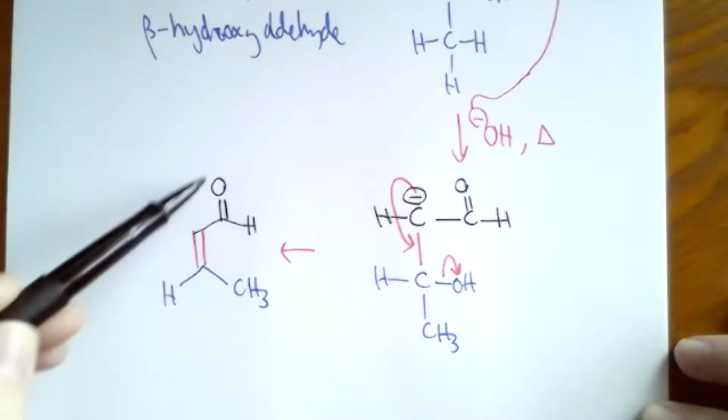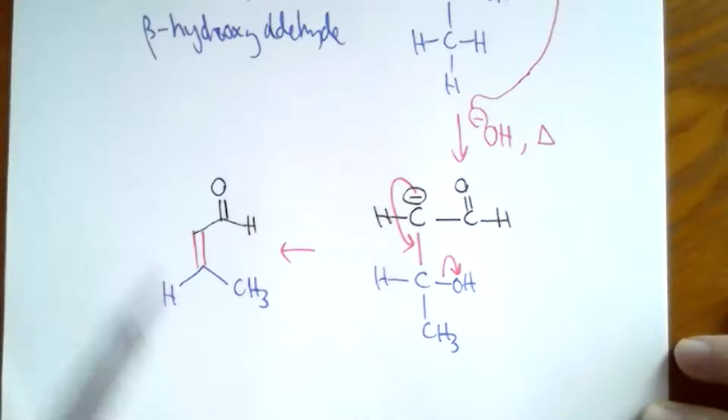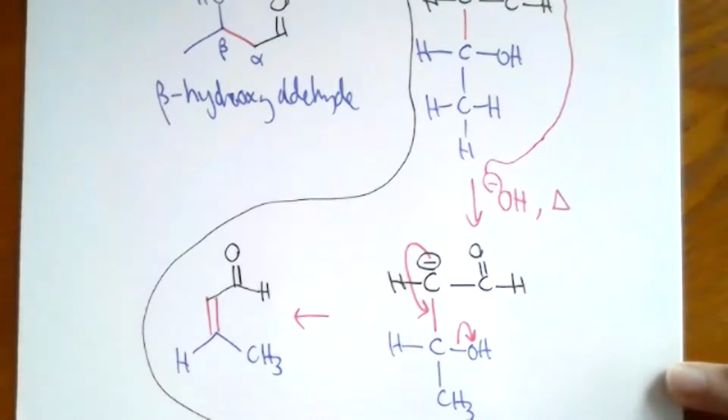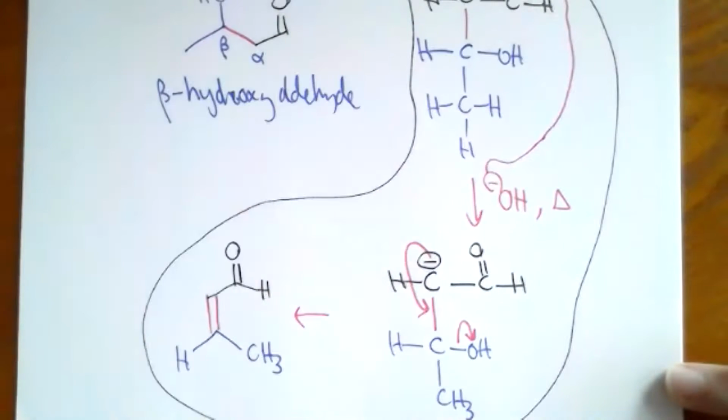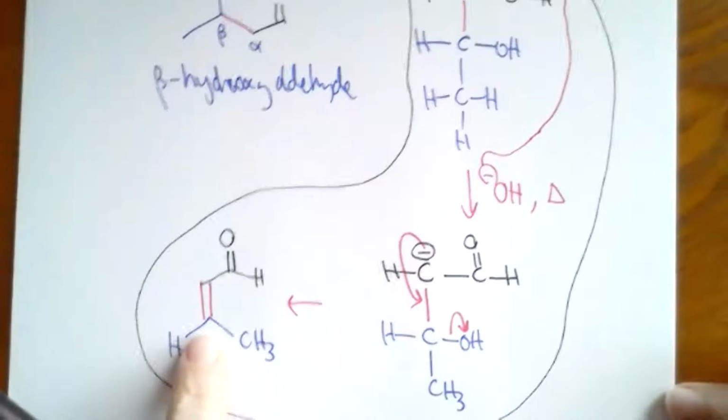So I have my original acetaldehyde, a new pi bond, and then my blue acetaldehyde, I've lost the oxygen from it. I have a little bit more to say about the reaction overall, but before I get too far, this last step of dehydration in base, this last step makes an alkene.